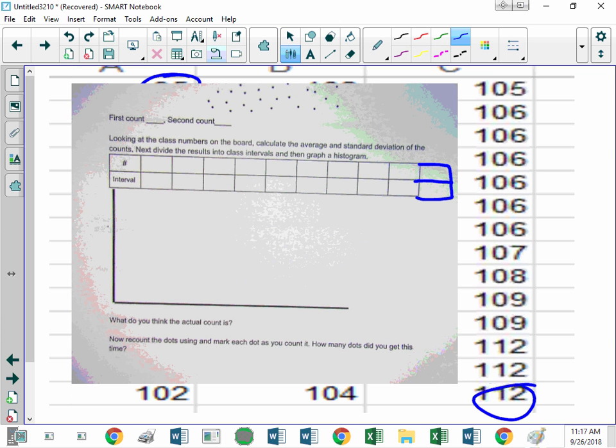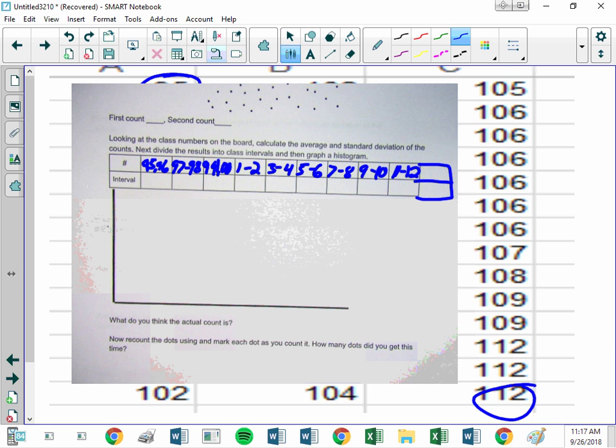So I will say 95 and 96, 97 through 98, 99 and 100, and then 101 to 102, and then 103 to 104, 105 to 106, 107 to 108, 109 to 110, and then, oh, I didn't even need an extra box, 111 and 112. Is that how you guys divided them up?